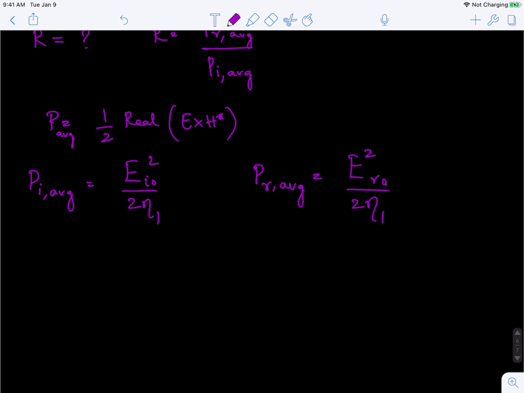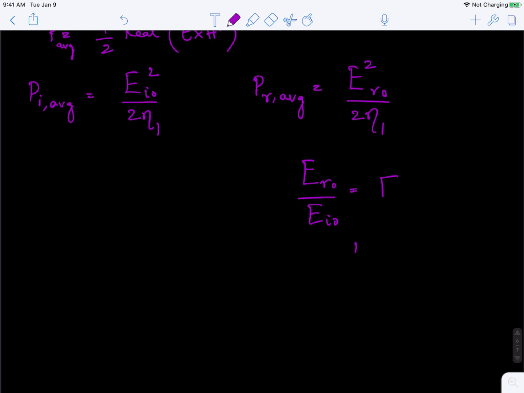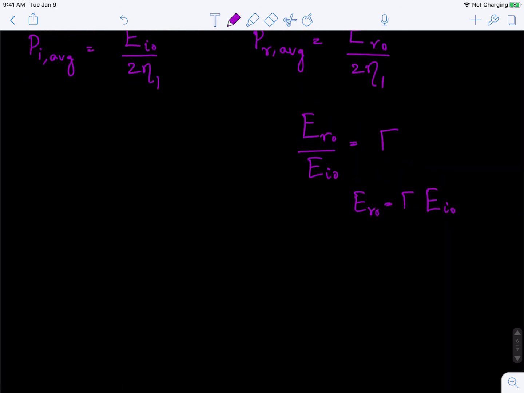But we know what E reflected is. E reflected divided by E incident gives us gamma, right? Therefore E reflected is equal to gamma times the incident wave.